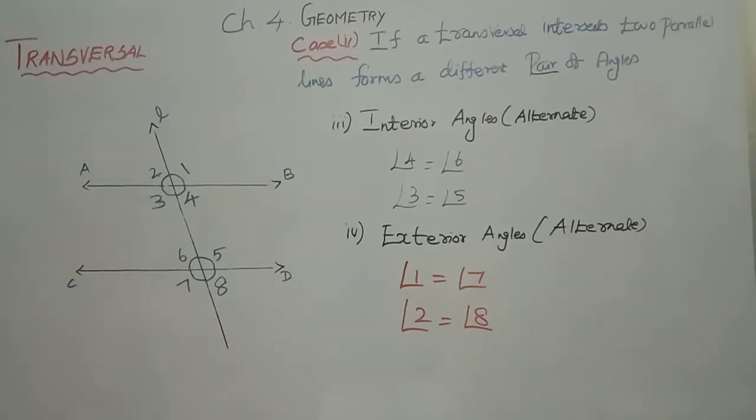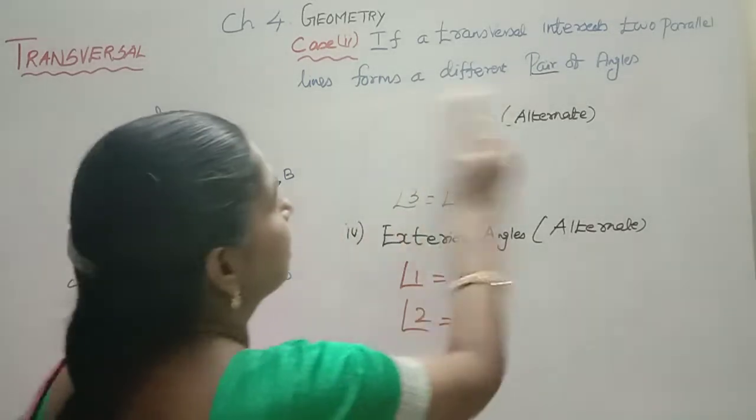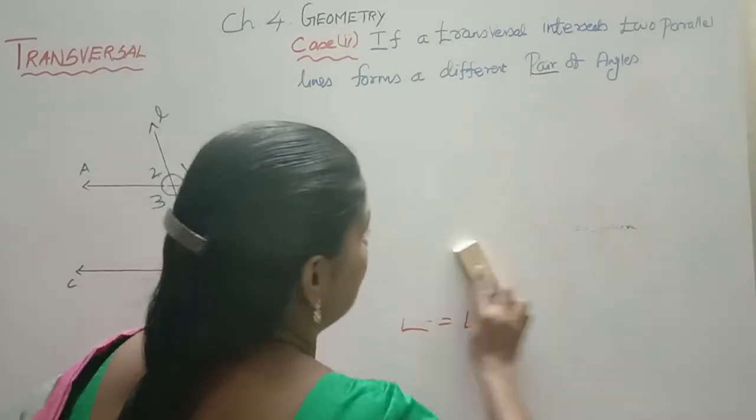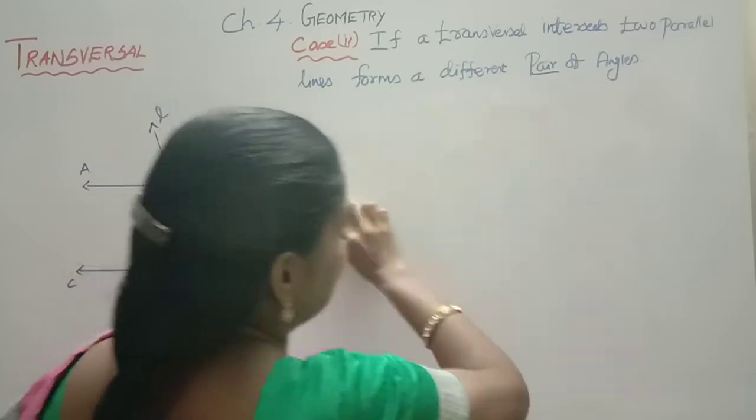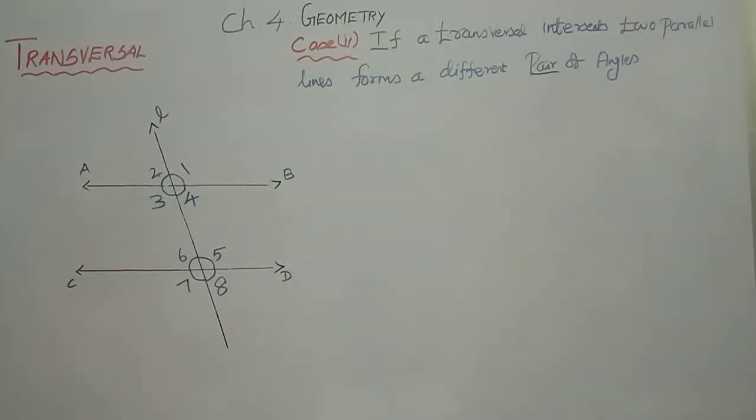Linear pair means the sum will be equal to 180 degrees. Which angles are called linear pair of angles? So, linear pair: interior linear pair and exterior linear pair. Interior linear pair is angle 4 plus angle 5 equal to 180 degrees.